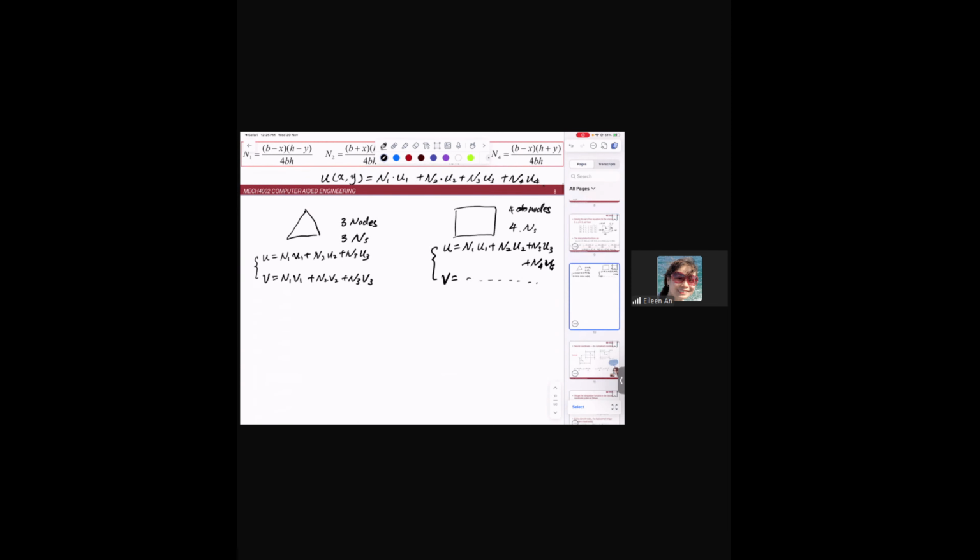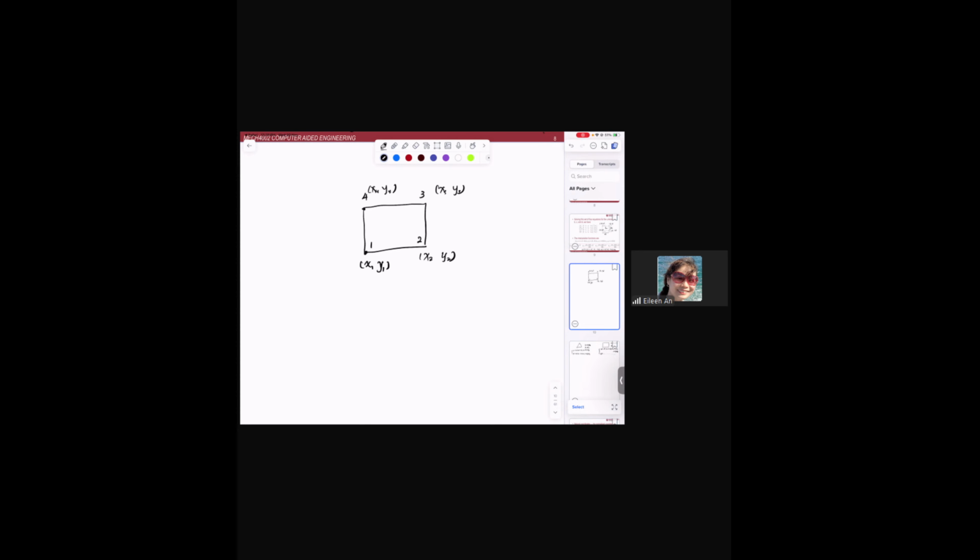Now, assume that I only have a general rectangular element. And we know this rectangular element has 4 nodes. Node 1 has the coordinates of x1, y1, then x2, y2, x3, y3, x4, y4.